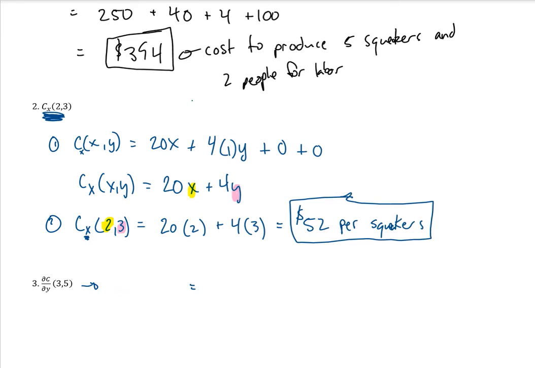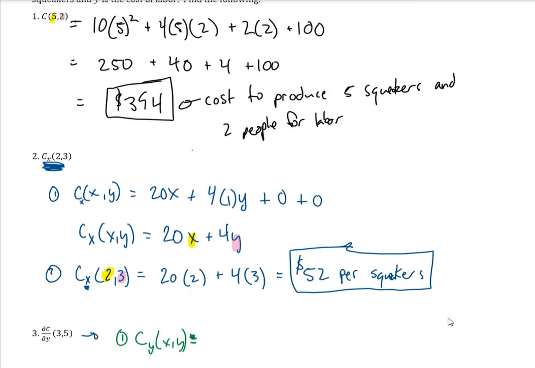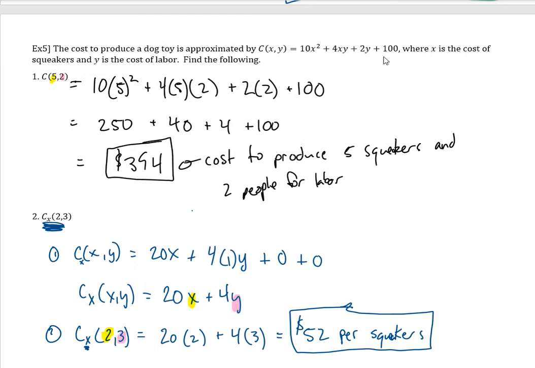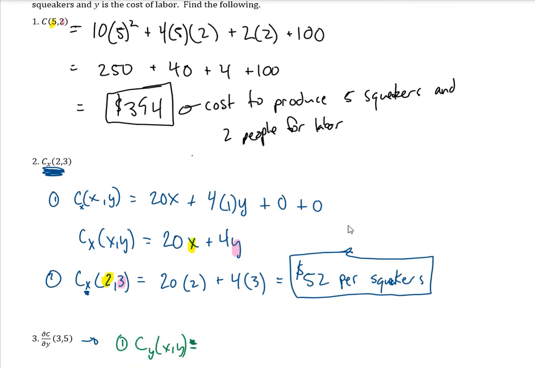With respect to y, what we really need to do is find this first. We're using this function here still, but doing it with respect to y, so treat x like a constant. The derivative of your first term is treated like a constant, so it's 0.